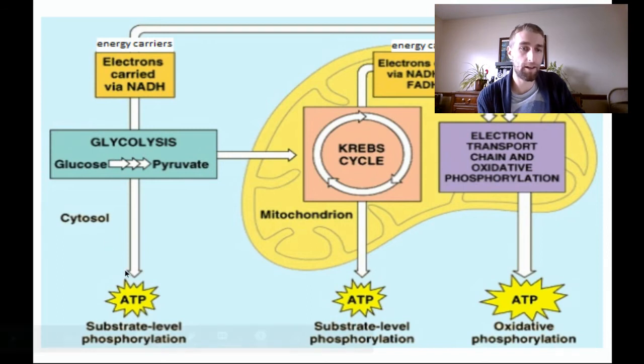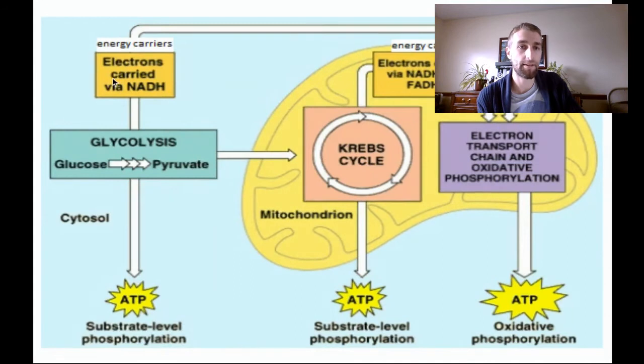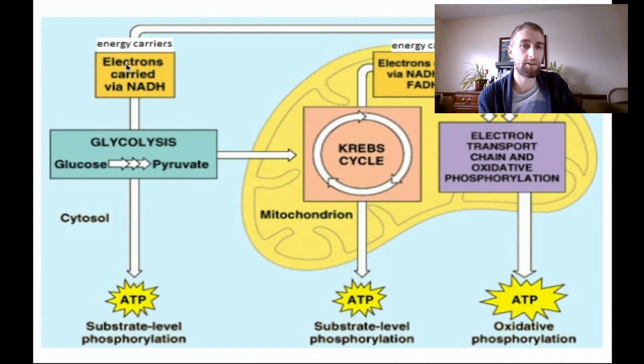Well, we get a little bit of ATP, but not much. We get some energy carriers. We're going to use those later on. And we get pyruvate. So ATP, great. The cell can use that right away. Energy carriers, we're going to send those to ETC. We'll use those later for step 3.